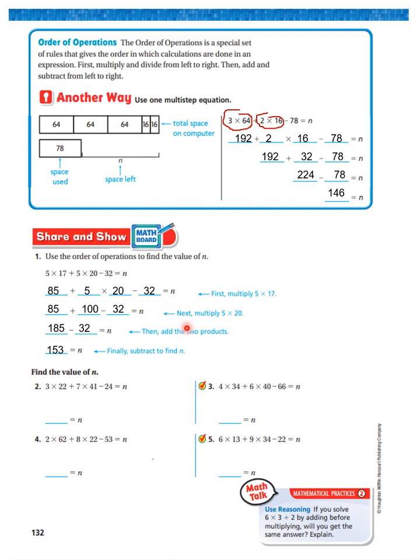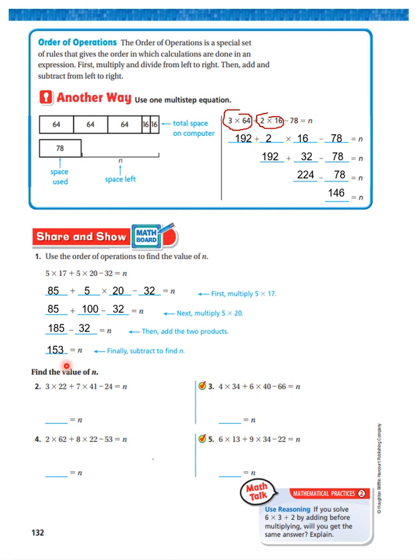Next, multiply 5 times 20. 5 times 20 right here is 100. 85 plus 100 minus 32 equals n. Then add the two products. 85 plus 100 is 185 minus 32 equals n. Now, finally, subtract to find n. 185 minus 32 equals 153.